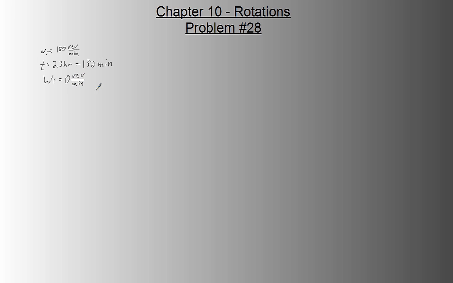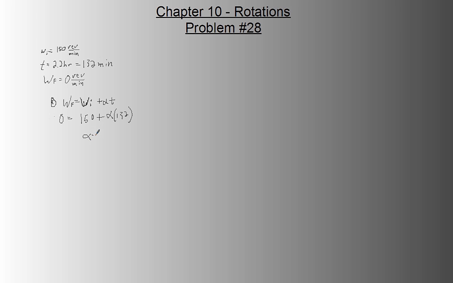So part A is asking what is the angular acceleration? So we can use kinematics for this. So omega final equals omega initial plus alpha t, and 0 equals 150 plus alpha times 132 minutes.